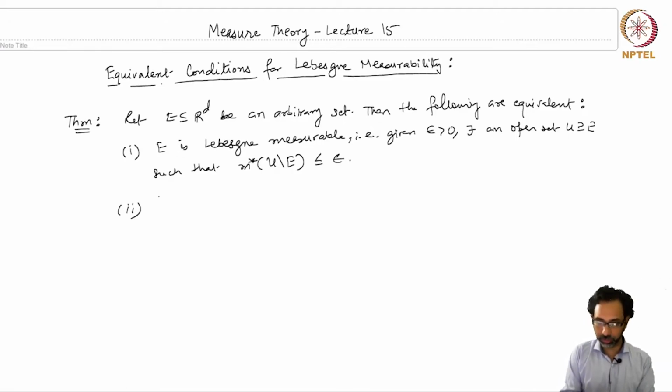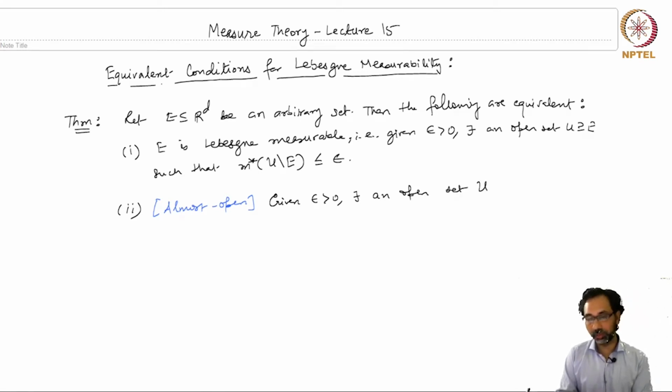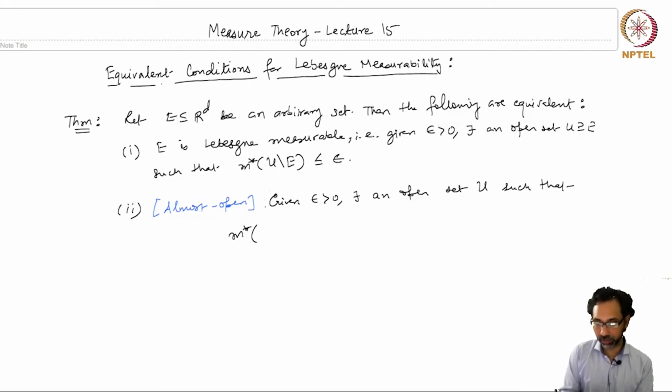The second one can be termed as the almost open criterion, which says that given epsilon greater than 0, there exists an open set U. Now E may not necessarily be contained in U, but nevertheless we have that, rather than the set difference, we will take the symmetric difference: the outer measure of U symmetric difference E is less than or equal to epsilon.